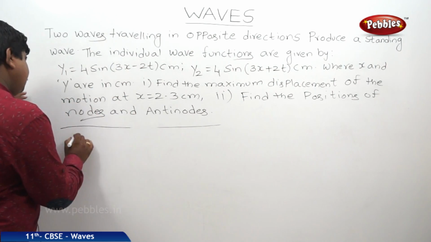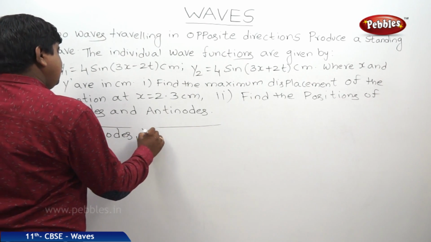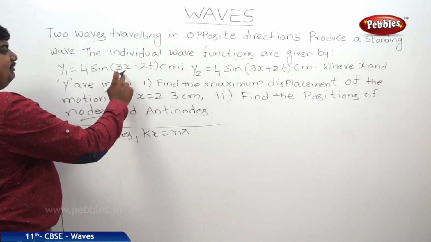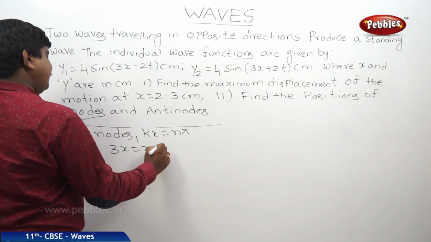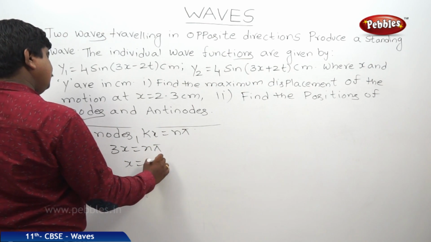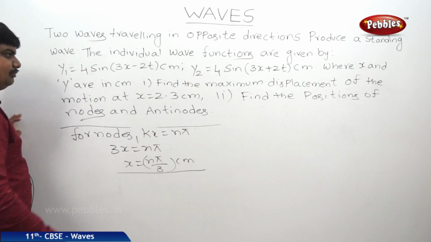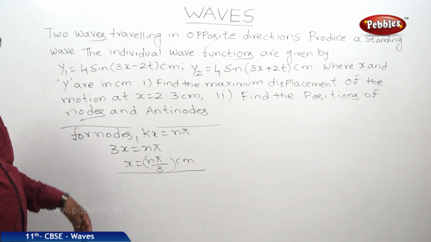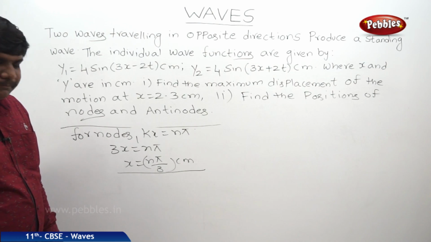So, for nodes, kx = n pi. According to the given statement, k = 3. Therefore, 3x = n pi. So, x = n pi/3 centimeters. So, the positions will form at n pi/3 centimeters. That means pi/3, 2 pi/3, 3 pi/3 like that.